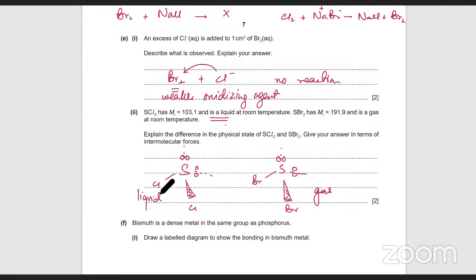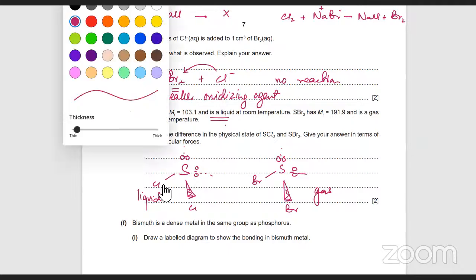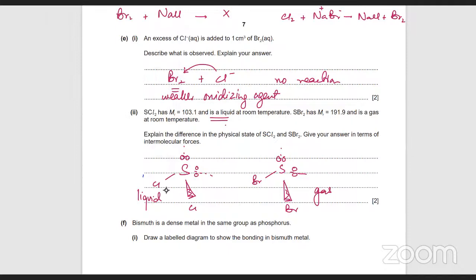They've got dipole. Cl is electronegative, so Cl will make the molecule polar. Slight negative होगा, and this sulfur part will be slight positive. Br will also create dipoles, but Br is relatively less electronegative. तो उसका जो dipole होगा वो थोड़ा छोटा होगा.